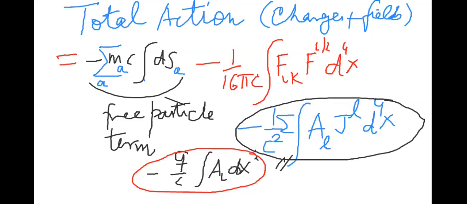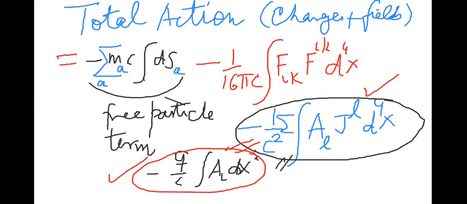We had used this term and we call it the interaction term. But now we see that this interaction term is equal to the source term, because both of them are equivalent. So this is the total action. And now the action principle tells us that if you vary this action, you can get the equations of the charged particle, which is the Lorentz force law, or you can also get the field equations, which are Maxwell's field equations.